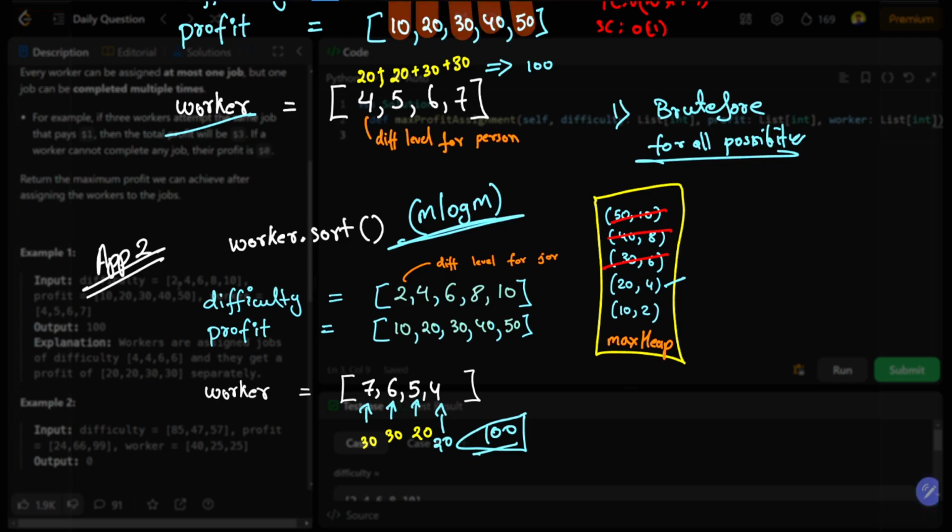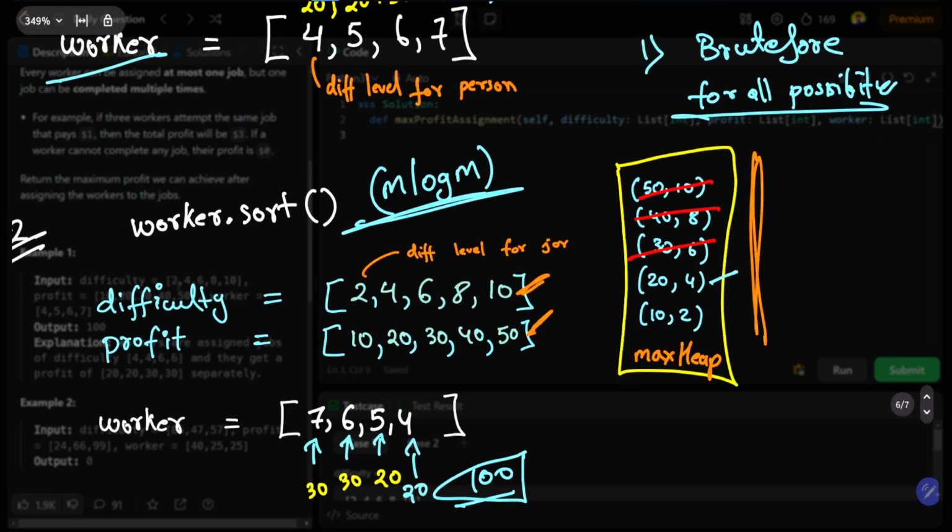And for this heap, I was pushing the difficulty and workers, or you can say profit array. They might have been pushed n times, because if I say it has size m, they can be pushed n times.